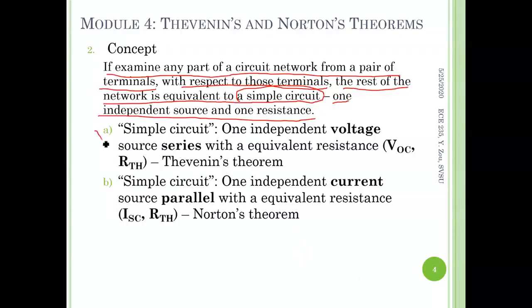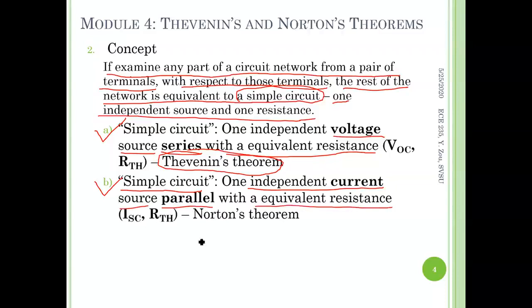We have two options here. Option A: the simple circuit consists of one independent voltage source in series with a resistance. This option is called Thevenin's theorem. Option B: the simple circuit consists of one independent current source in parallel with a resistance. This is called Norton's theorem.